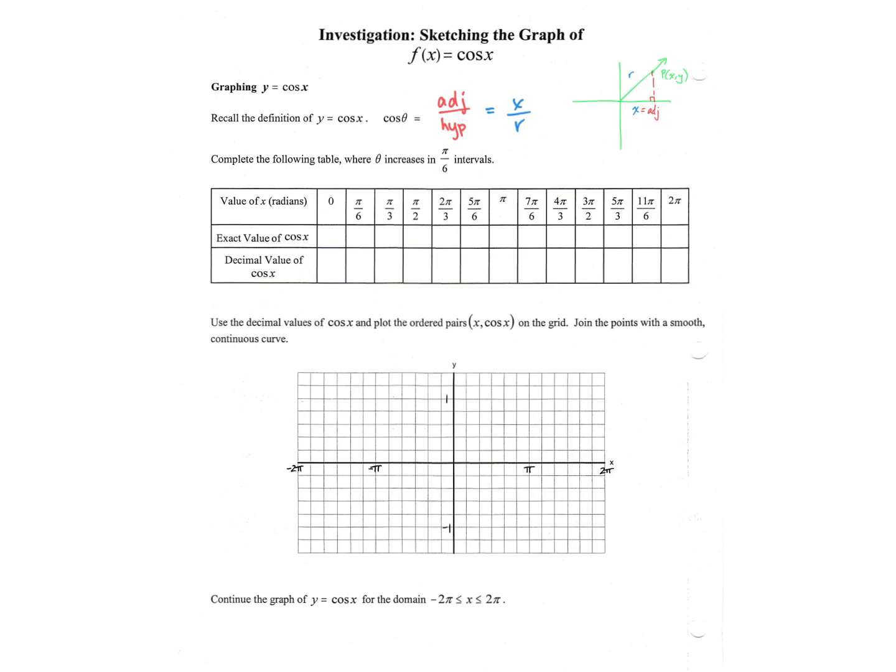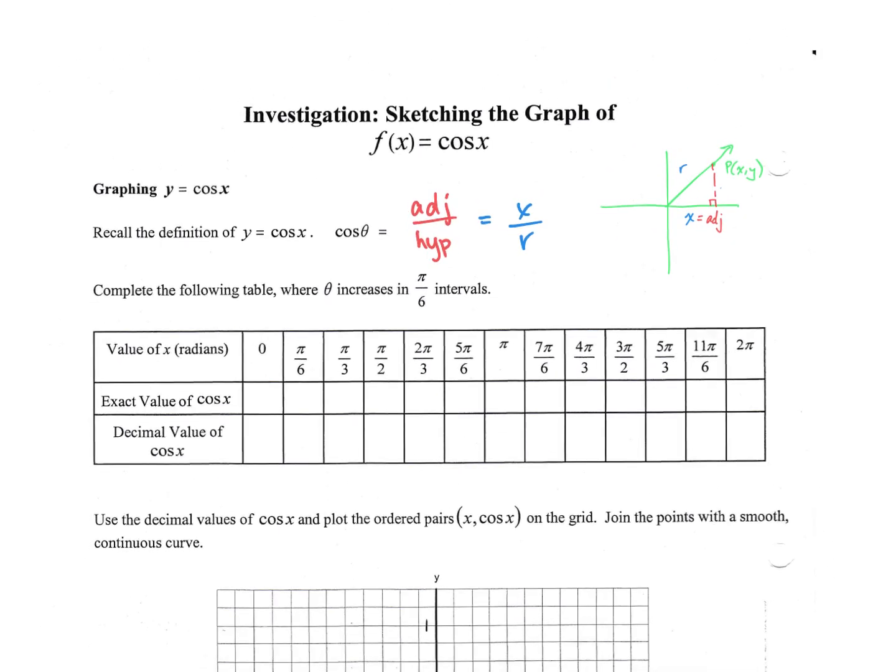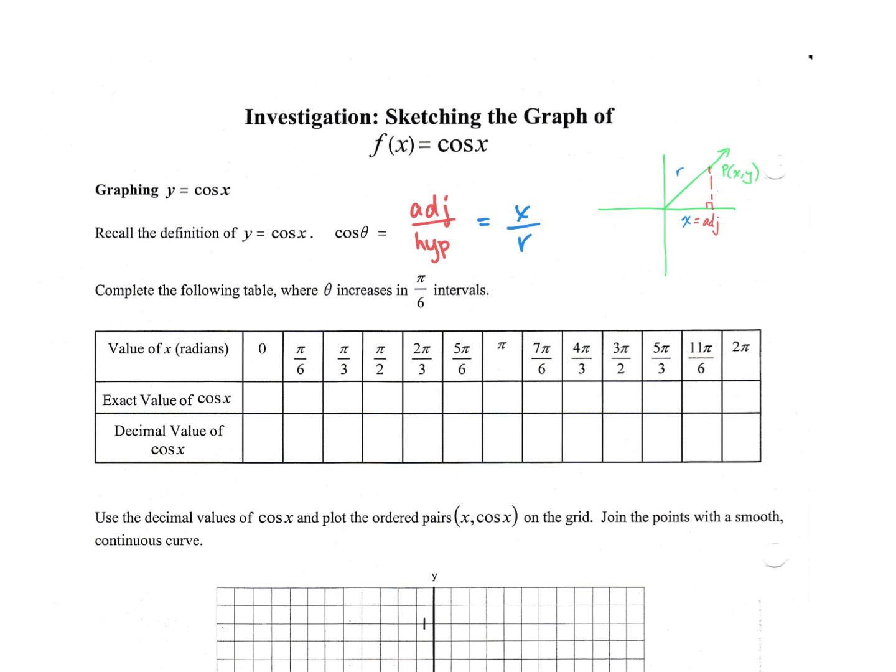So now when we go to look at our cos curve, we should be thinking to ourselves, cos is adjacent over hypotenuse. So what is happening to my adjacent side? So again, I've just turned my table of values. My x value and then my y value would be the exact value of cos x.